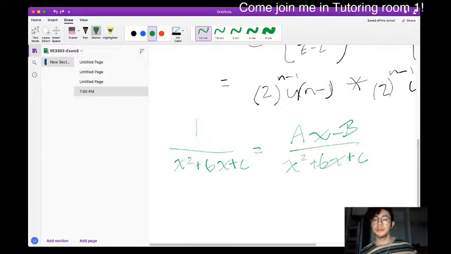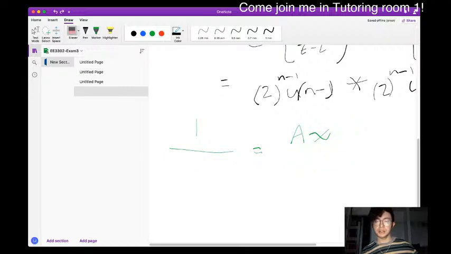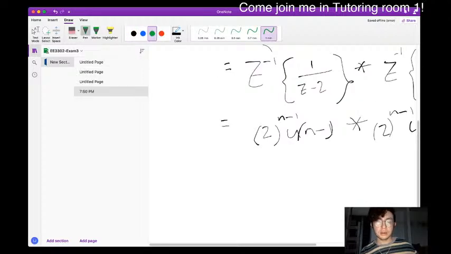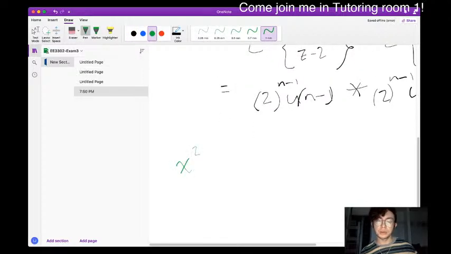So you get a linear system, and then you get a and b. But for the most part, I don't think you'll see this on your exam. Usually you can factor that, and that's always going to be easier than doing this outright.